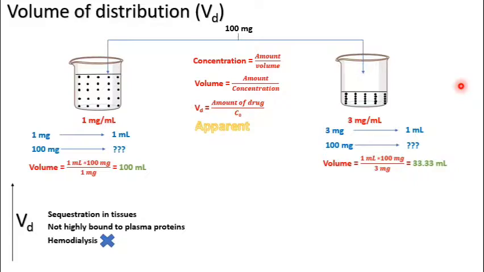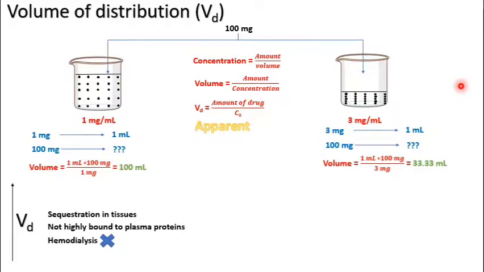Okay, again, what about the half-life of this large VD drug? Would you expect the half-life to be large or small? Half-life, or T-half, is the time required for a drug to reduce to half of its initial value.